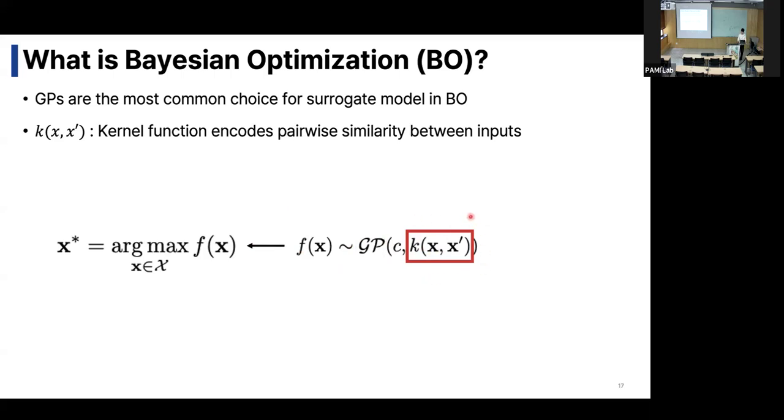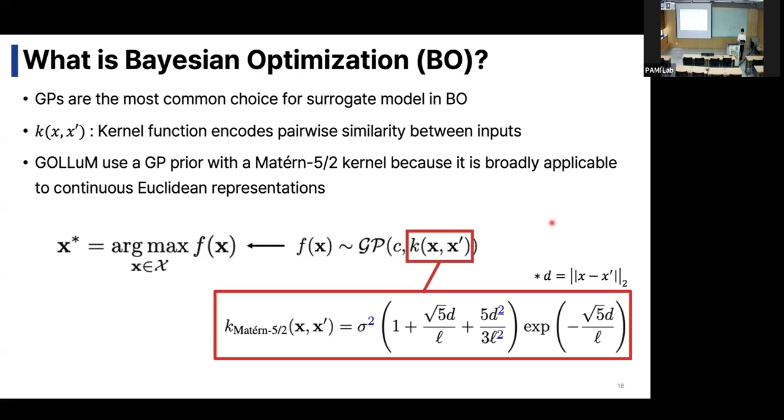Simply, a kernel function measures how similar two input points are. There are many types of kernel functions. In the case of GOLLuM, it uses the Matern 5/2 kernel, because it is broadly applicable to continuous Euclidean representations.